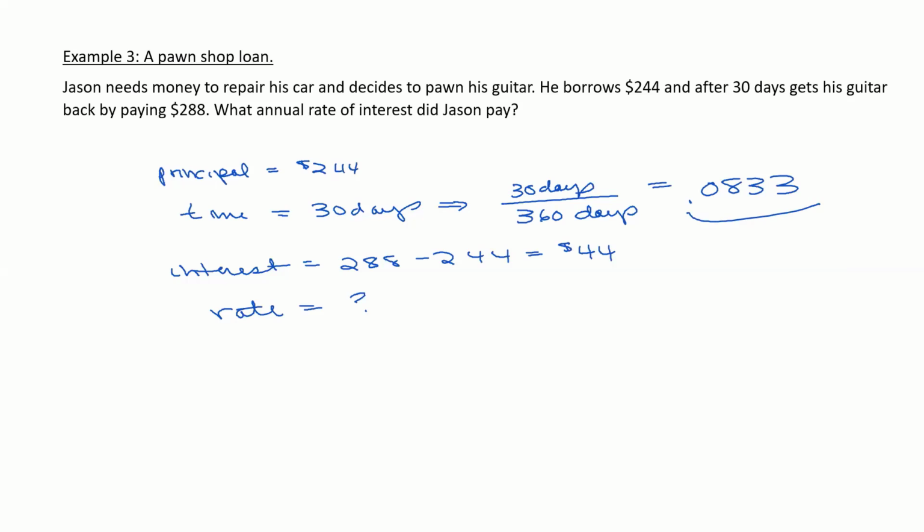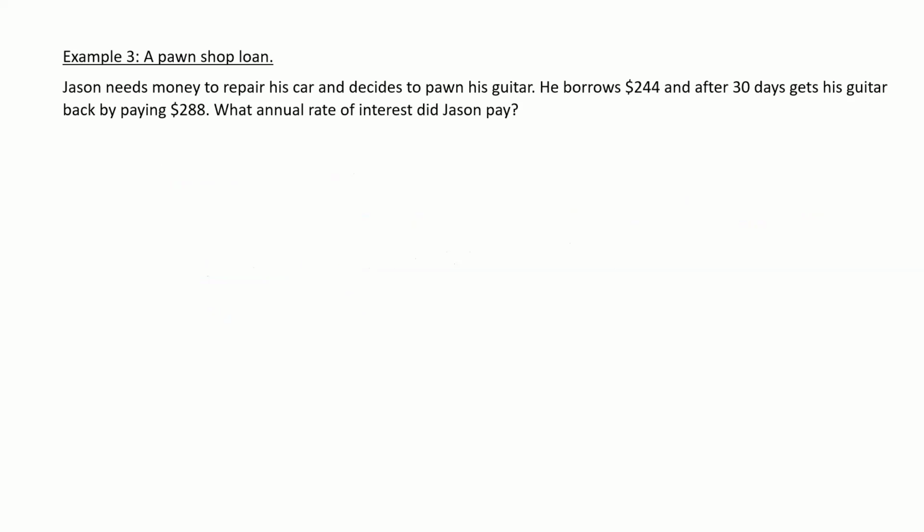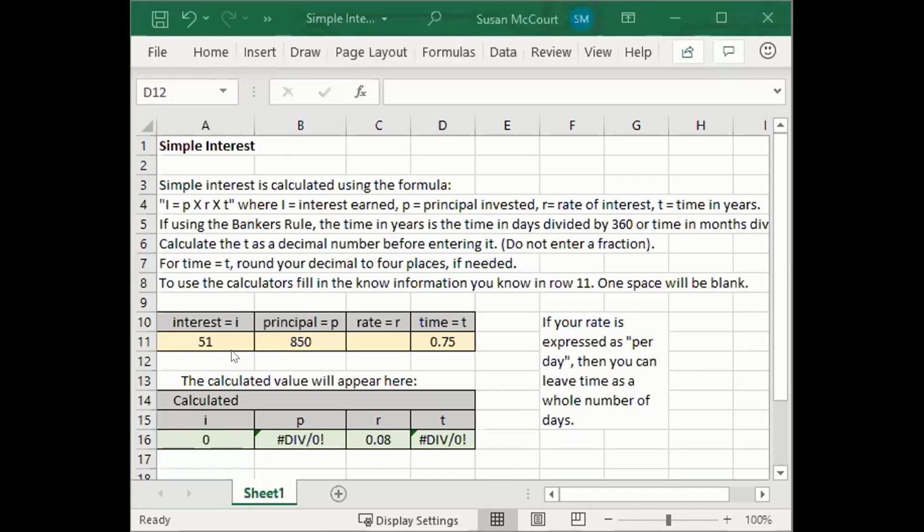Okay, let's go find our simple interest calculator. So our interest was 44. Our principal was $244. Our rate we don't know, and our time was 0.0833.